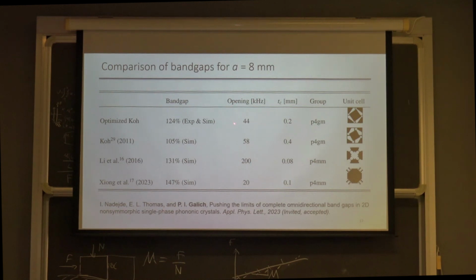Another thing is that this P4GM band gap also opens at a pretty low frequency. That's why we also have this large number here. In this matter, we definitely beat this 2016 paper because they have 200 kilohertz, but this performs better. However, if you try to 3D print that structure, I believe it will definitely fail.